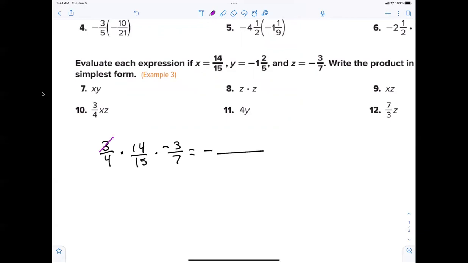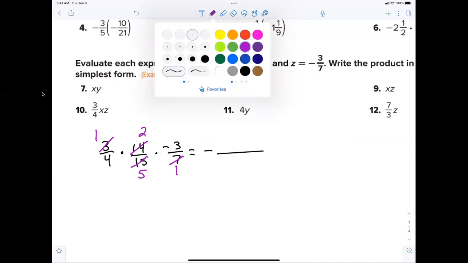A 1. 15 becomes a what? 5. What else? I also see 14 and 7. That's correct. Very good. 7 becomes a 1, 14 becomes a 2. Beautiful. Anything else? No.